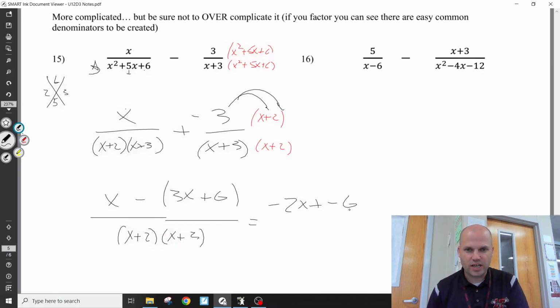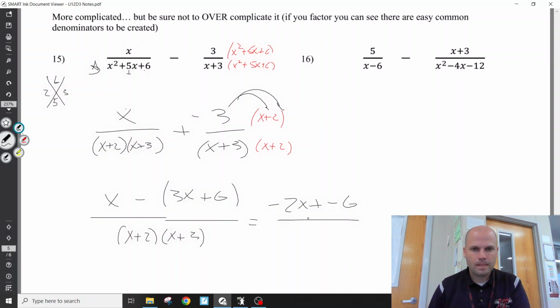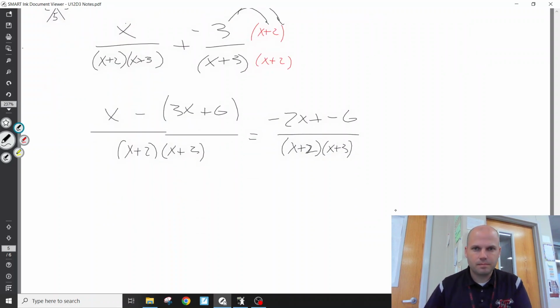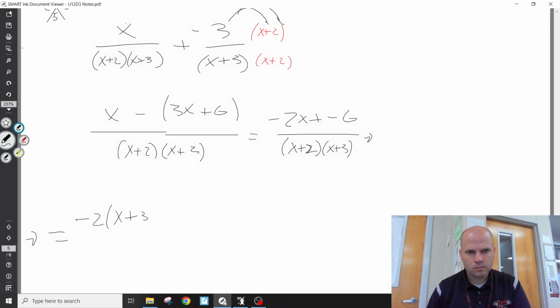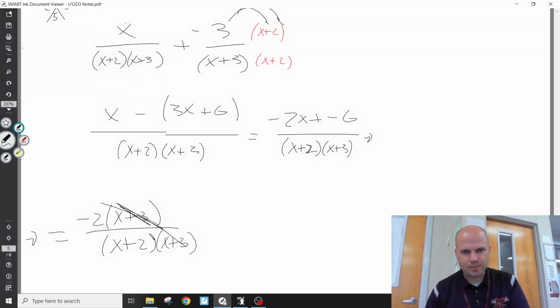I have negative 6 over x plus 2, x plus 3. Heads up. Greatest common factor. Negative 2 pulled out. Woo! It's a beautiful one. Heads up. X plus 3's cancel.